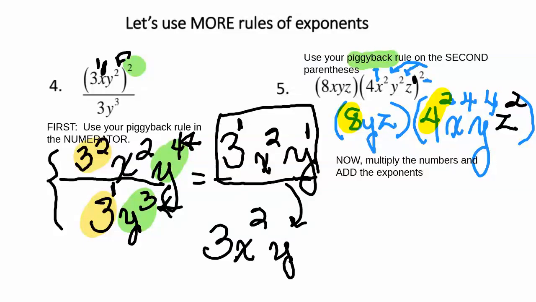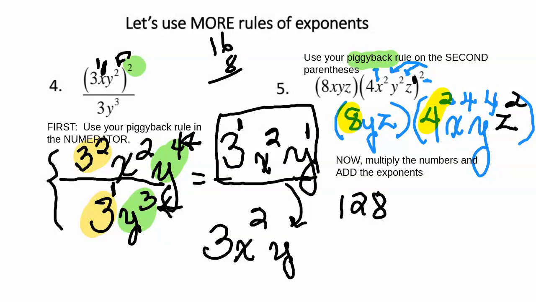8 times 16 is 128. I multiply the numbers.